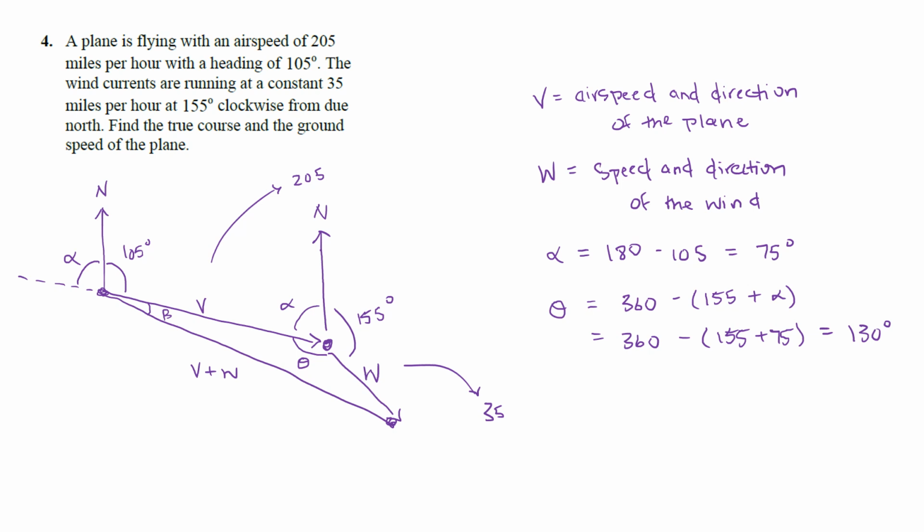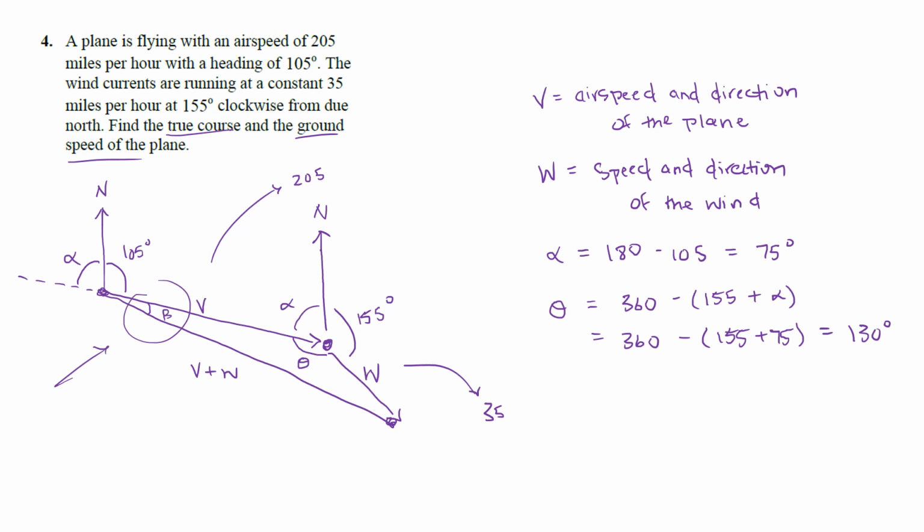Okay, so what do we then need to find? What are we looking for? So remember, we're trying to find the true course and the ground speed. So the true course is going to give us the direction, and that is going to be given to us by angle beta. Okay, that's going to be the true course.